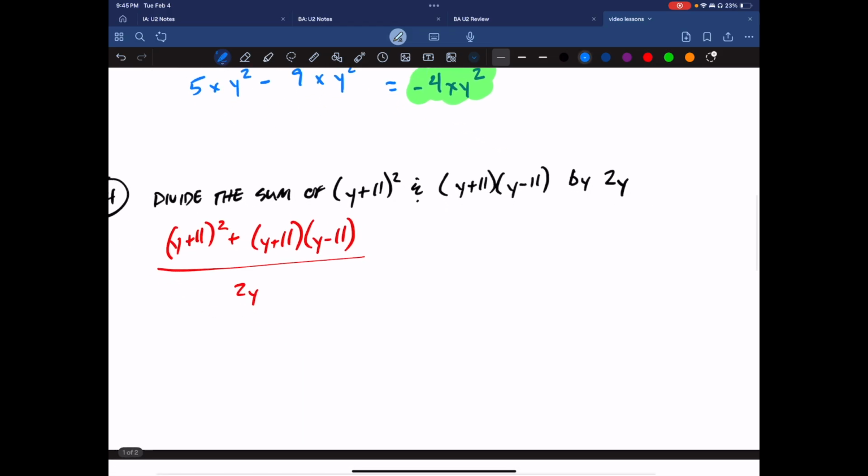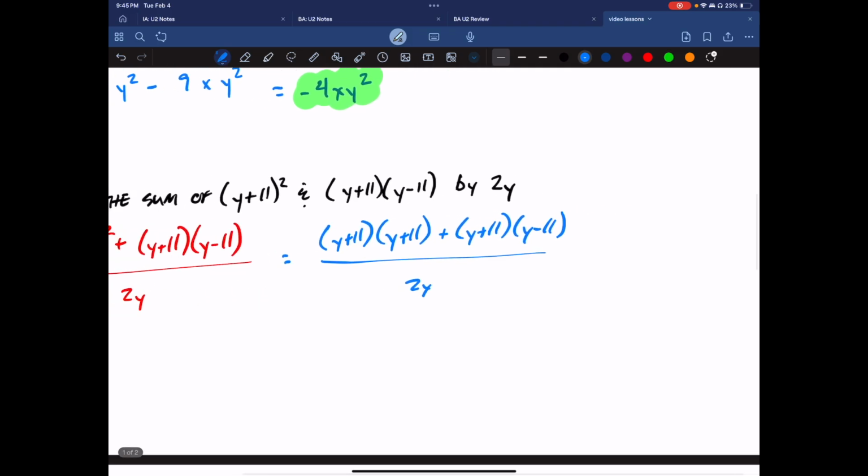We know from a previous lesson that we can multiply this out. This is y plus 11 times y plus 11, plus y plus 11 times y minus 11, over 2y.